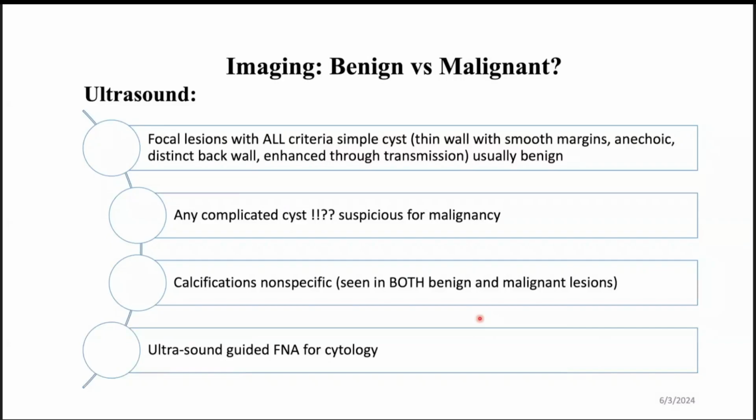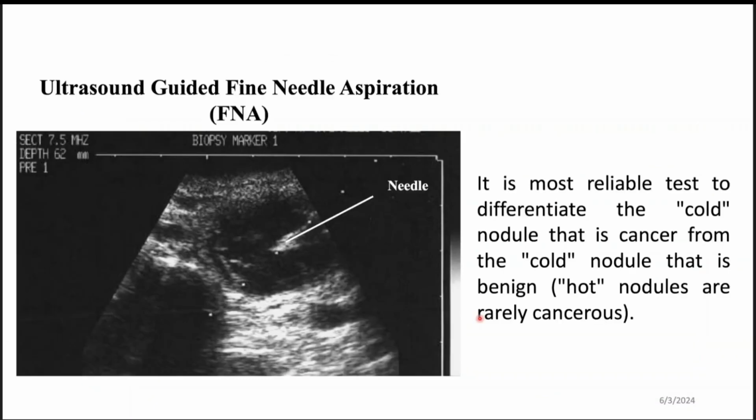Okay, and then as I mentioned, if it's suspicious enough and we cannot say 100% it's benign, we usually go for FNA to send for cytology. So this is an example of an FNA. This is a hypoechoic, a dark thyroid nodule that has areas of calcifications here, and this is the needle going in to take a few cells and send it to the lab for cytology.